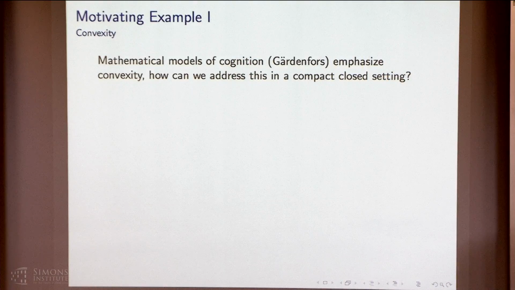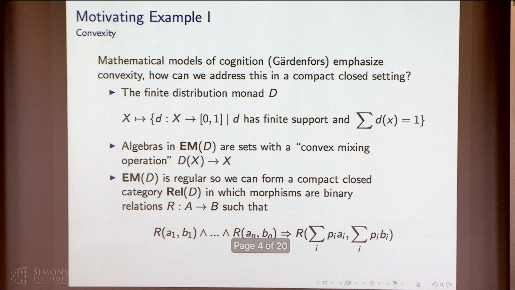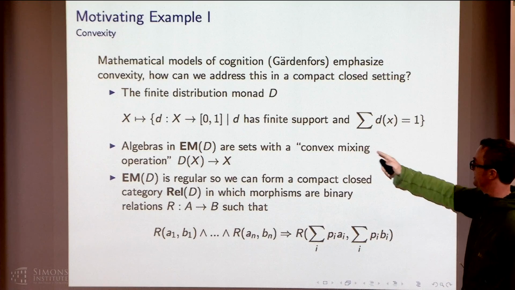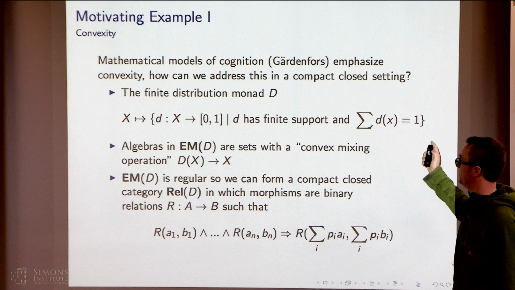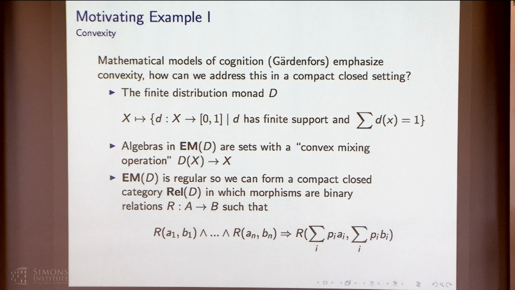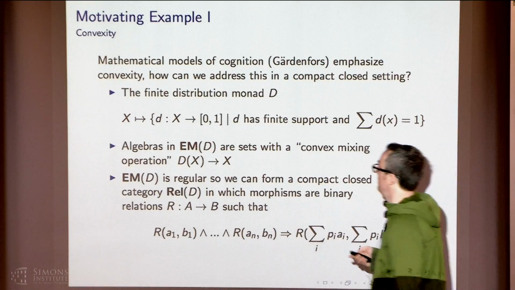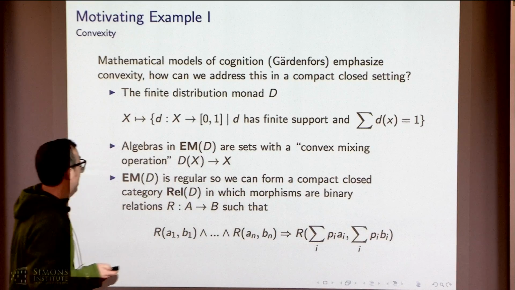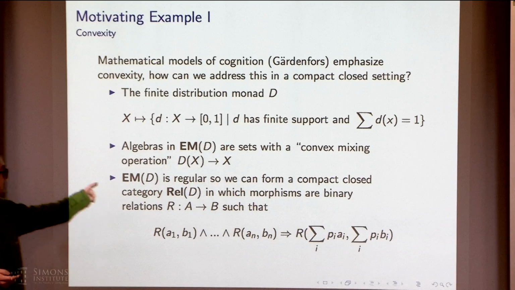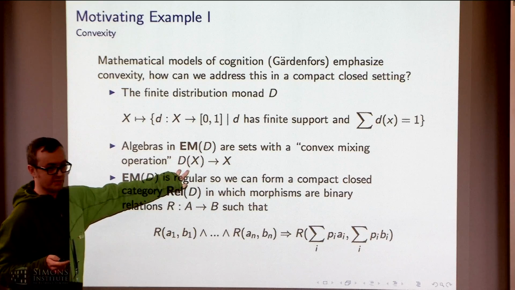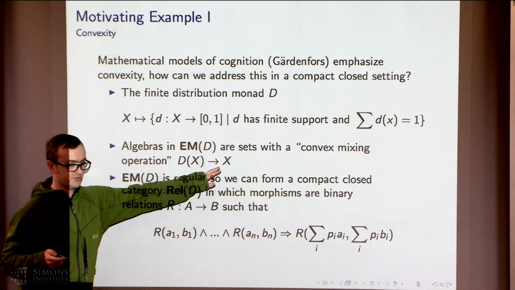So you might then start thinking about how we are going to get some notion of convexity involved in a compact closed setting. Initially we did this in an ad hoc manner. We happened to know a construction that was going to get us in the right direction. We start with the finite distribution monad, which just sends a set to all the finite probability distributions on it. So that's a good thing for forming mixtures. We then do the usual Eilenberg-Moore construction on that. And the algebras in there are sets that take a formal finite mixture and produce an actual mixture.